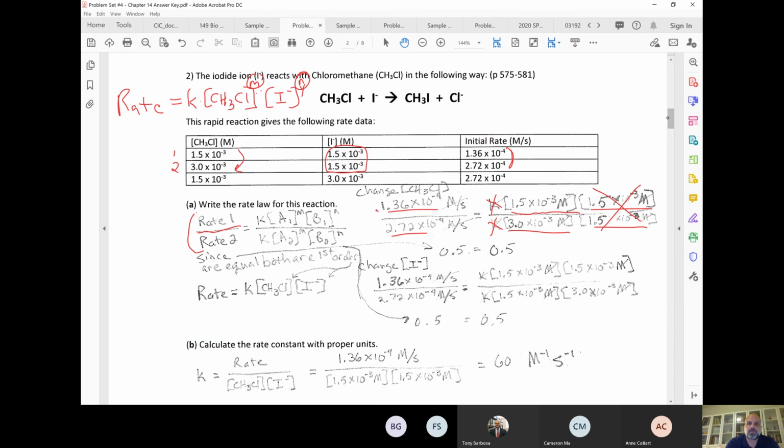If we take 1.36 times 10 to the minus 4 and divide it by 2.72 times 10 to the minus 4, we end up with 0.5. Now we do the same thing for 1.5 times 10 to the minus 3 divided by 3.0 times 10 to the minus 3, and we get 0.5.